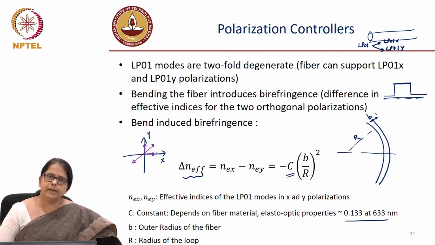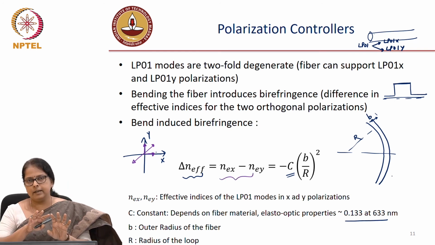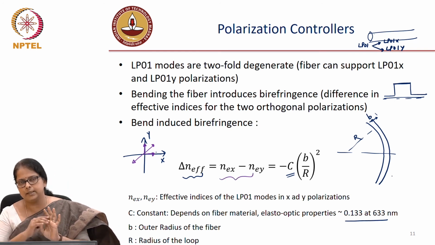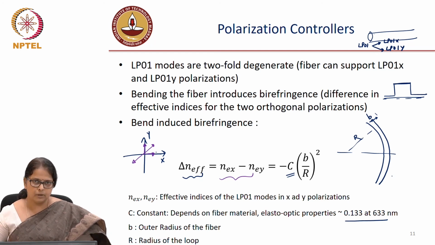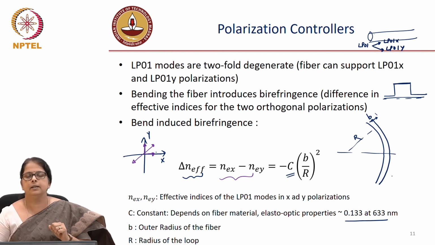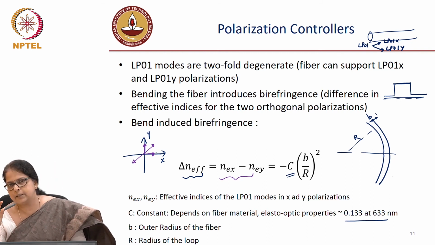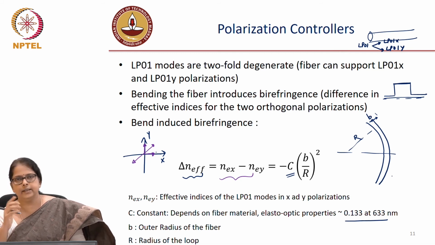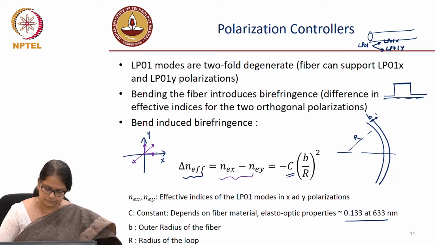The way is by introducing bending. Bend induced birefringence produces a delta n effective, and that brings in a relative phase difference between the x polarization and y polarization, and that changes the polarization state of the output. So all you need to do is bend the fibers carefully with a specific radius such that the desired phase difference can be produced.